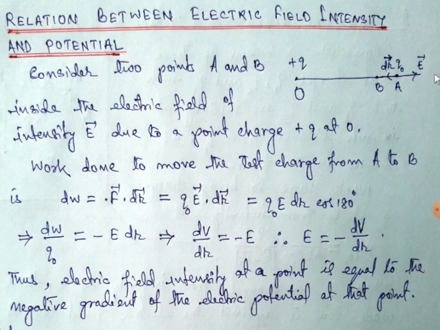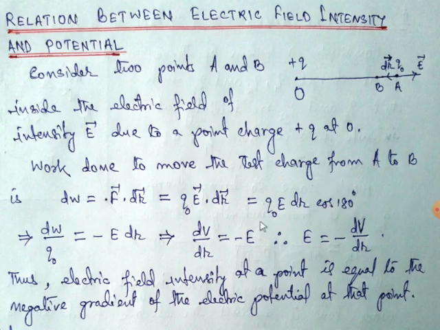F is acting along the direction of the E vector, and your dr is just opposite, so the angle between them is 180 degree. So dW will be equal to Q naught E times dr cosine of 180 degree.